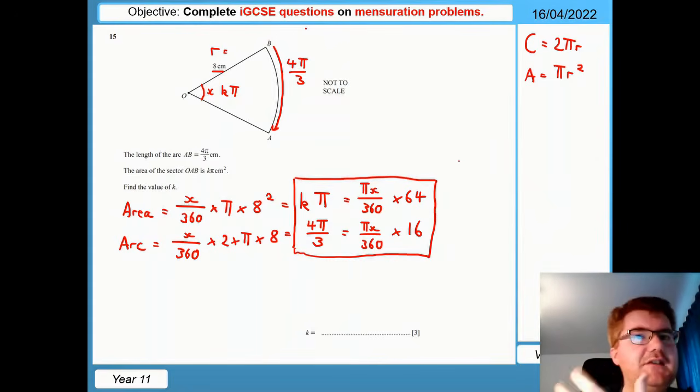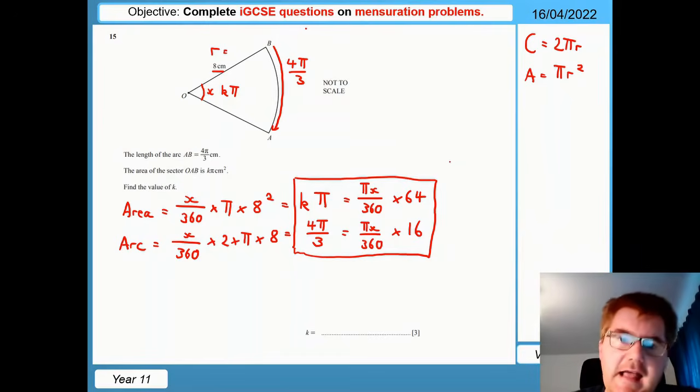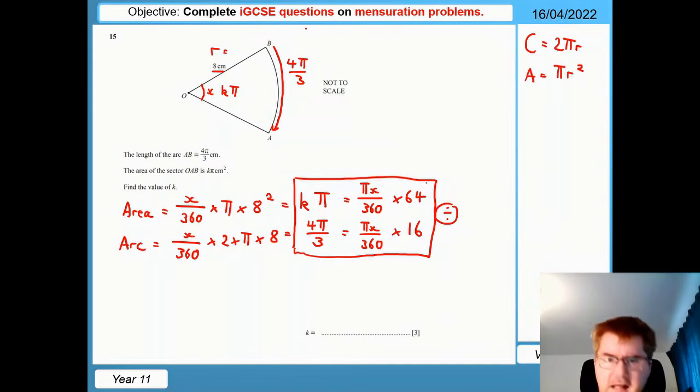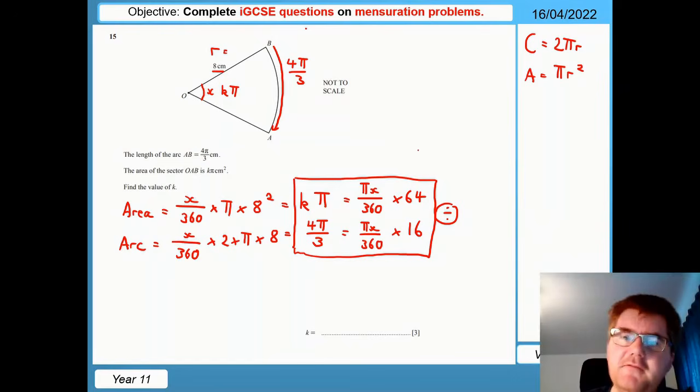Okay, now normally with simultaneous equations you're adding or subtracting. Here I'm going to divide. So I'm going to take the first one and I'm going to divide by the second one. And you're going to see a lot of things disappear and actually leave us with something that we can work out. So if I divide the top equation by the bottom equation, well, k pi divided by 4 pi over 3, so I'm going to write it as a fraction.